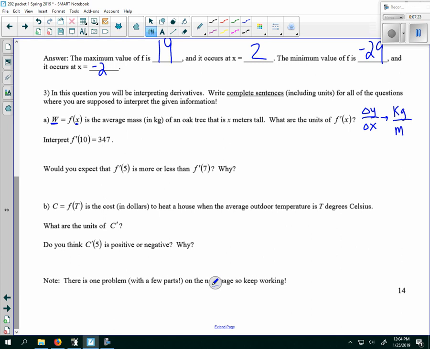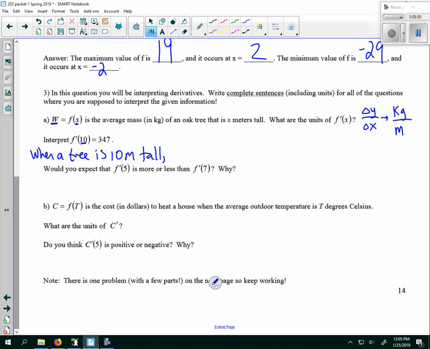So the units can really help when they're asking us to interpret a function notation statement. F prime of 10 equals 347. So my 10 is the same input as it is for f. It's the same x that you put into f that you put into f prime. So that 10 is the height of the tree. So this says when a tree is 10 meters tall, so that's the input, 347 is the output of the derivative, so that 347 has units kilograms per meter.